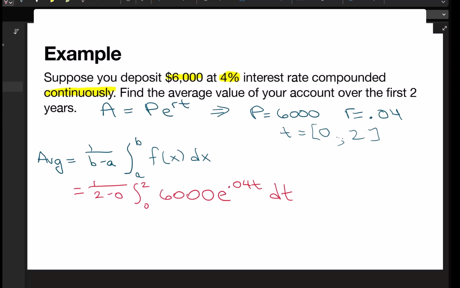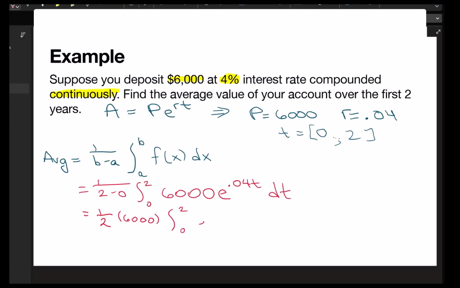And we do not have a formula for this, so let's simplify it as much as we can and see what to do next. I'm going to take the 6,000 outside of the integral sign, 0 to 2 of e to the 0.04t dt.